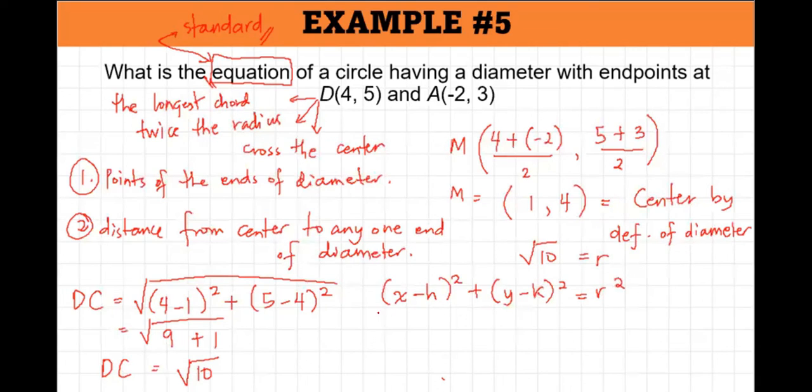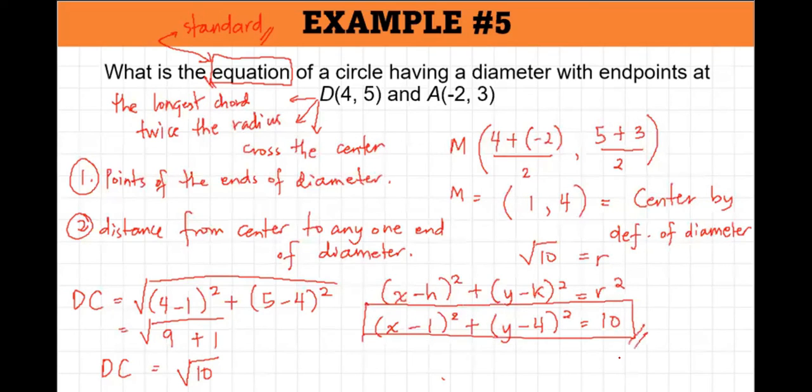That's 1, 4. X minus 1 squared plus y minus 4 squared. And then, your radius is square root of 10. Ito, naka-squared na siya. So, that would be 10 na lang. Kasi nag-cancel out si square and the square root. Therefore, you now have your final answer.